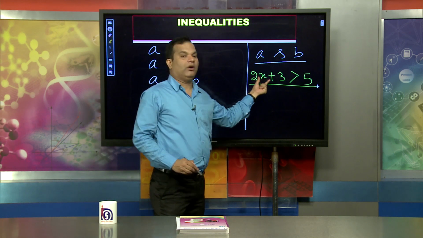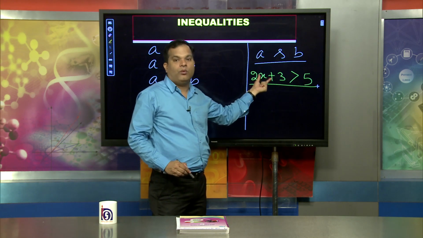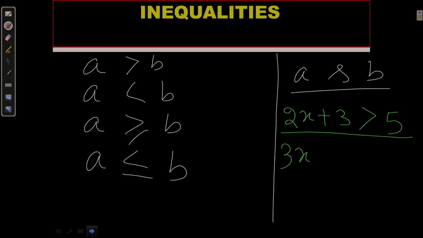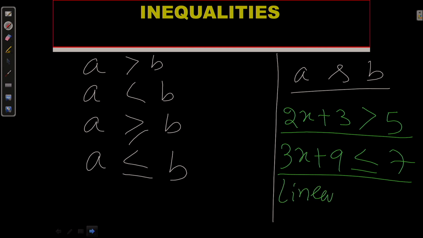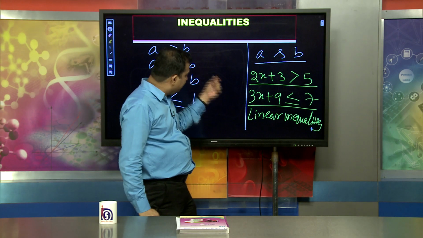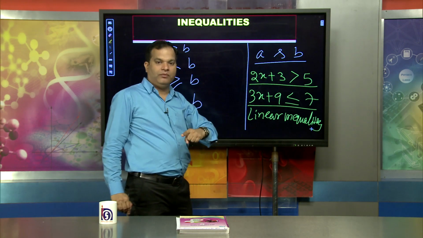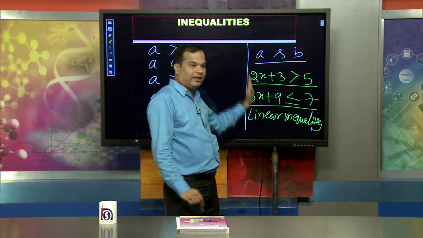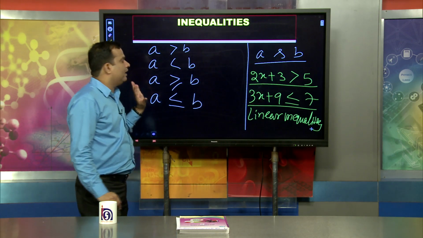This is an example of linear inequality. For example, suppose 3x plus 9 less than or equal to 7. These are also linear inequalities, because the power of the variable involved is only 1. So, this is known as linear inequality and this is simply the inequality.